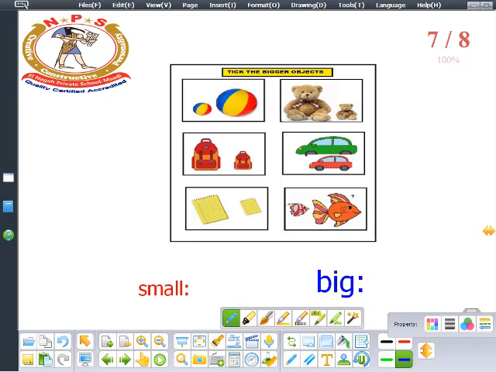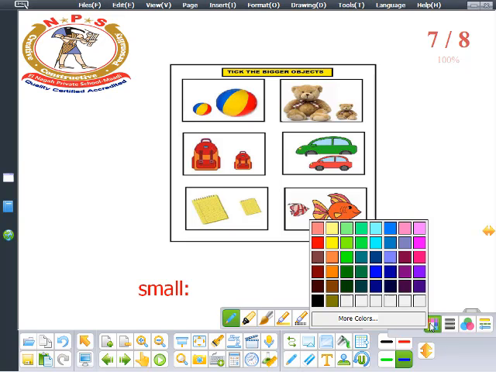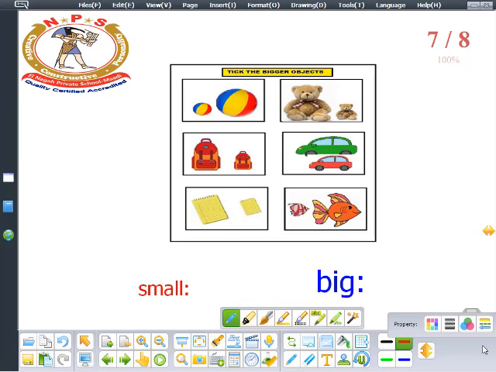It's big, so big, big in size. Well, so let's remember the short things and the tall ones. We're going to make the small with red and the big with blue.